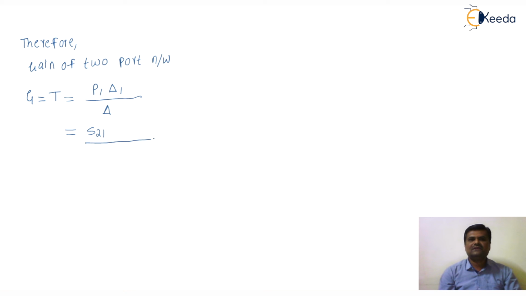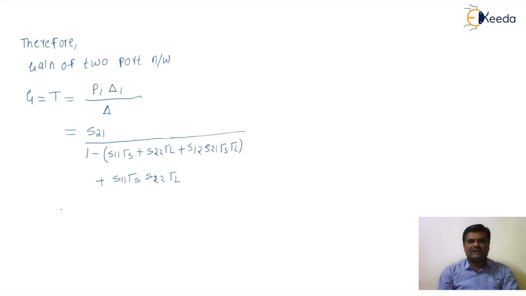Then what is delta? The delta value is 1 minus, in bracket, S11 gamma S plus S22 gamma L plus S12 S21 gamma S gamma L, bracket complete, then plus S11 gamma S and S22 gamma L.